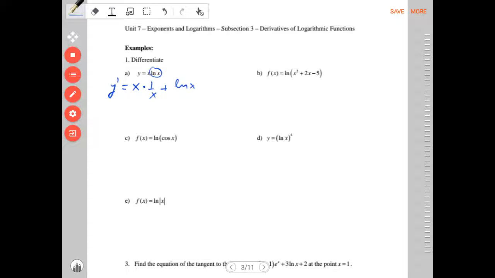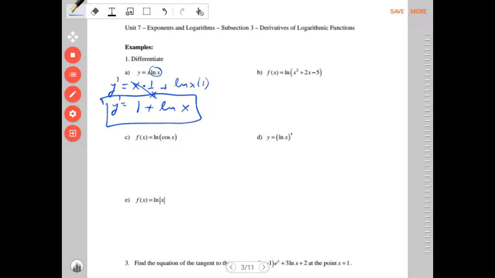So the derivative of x is just 1. Now, there's some really neat things that happen with this. Look, x times 1 over x, the x's just cancel, so you get the derivative is 1 plus ln x. And that's it. Awesome.